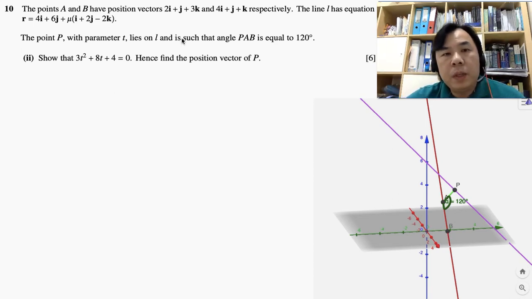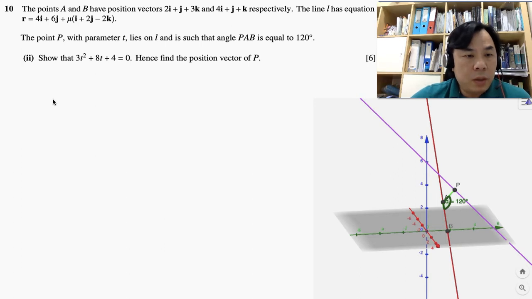Right now, we have that angle 120 here. All we need to do is make use of the scalar product formula. Let me show you the scalar product formula that I'm referring to. So that is here.